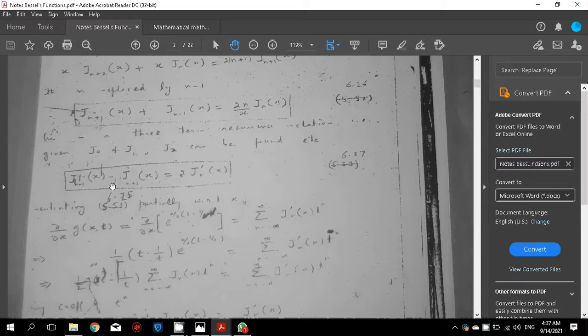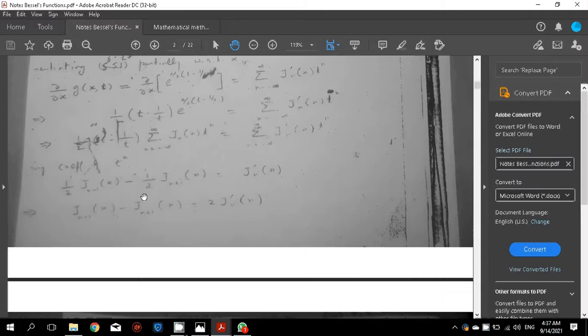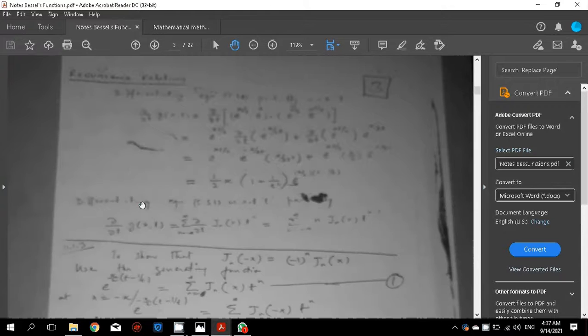So it is again a three-term recurrence relation, which means that if two Bessel functions are given, J_{n-1}(x) and J_{n+1}(x), you can find the next Bessel function. That's the proof of these two recurrence relations as done in my notes.